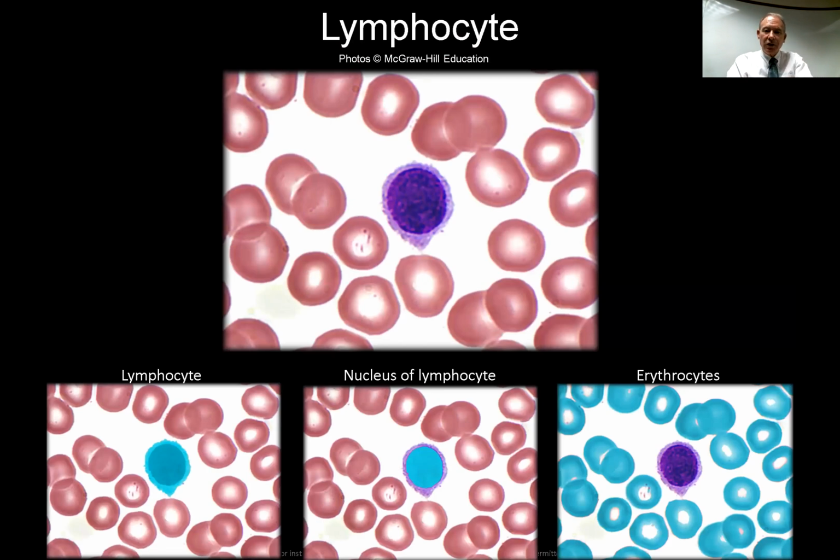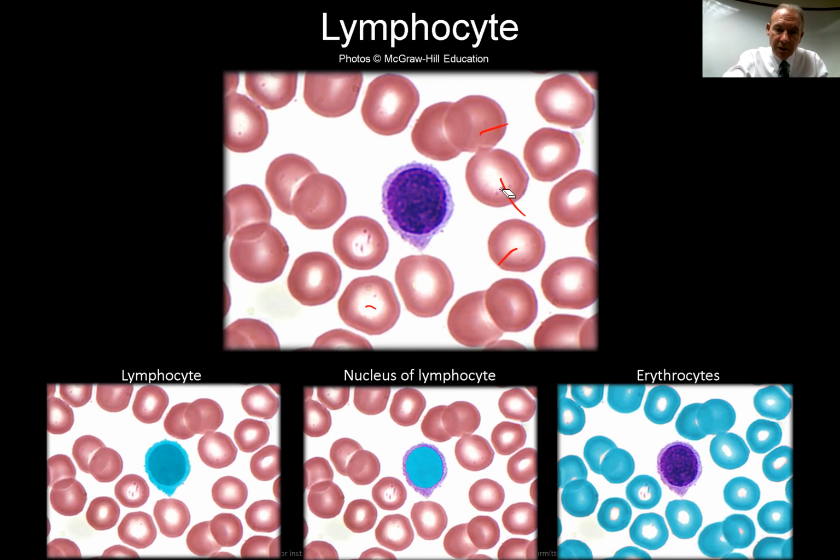So the main cell of the immune system is the lymphocyte. It's one of the agranulocytic white blood cells. So here, let me see if I can circle. Yeah, that was easy to pick out. Here we have a lymphocyte sitting there among other cells, this one and this one and this one and this one and this one. What are those other cells?